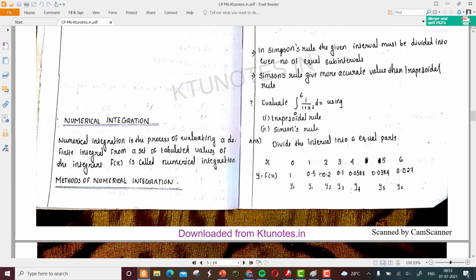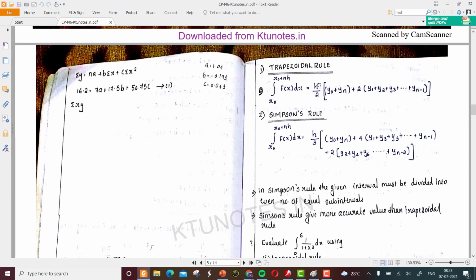So all the x values are provided here, and the corresponding y values are calculated and reported as y0, y1, y2, y3, y4, y5, y6. It is shown in this way so that the integration will be easier for you.